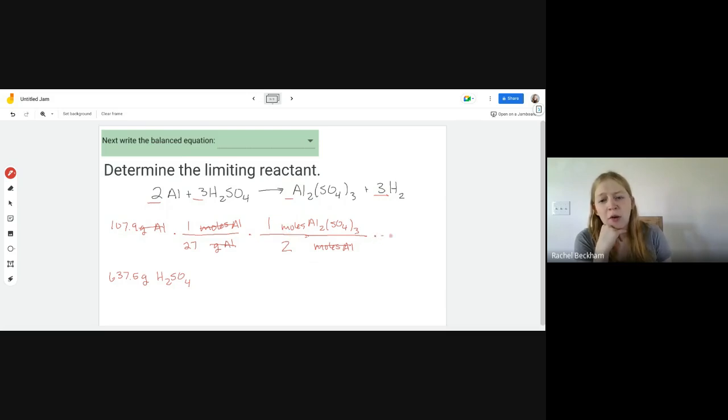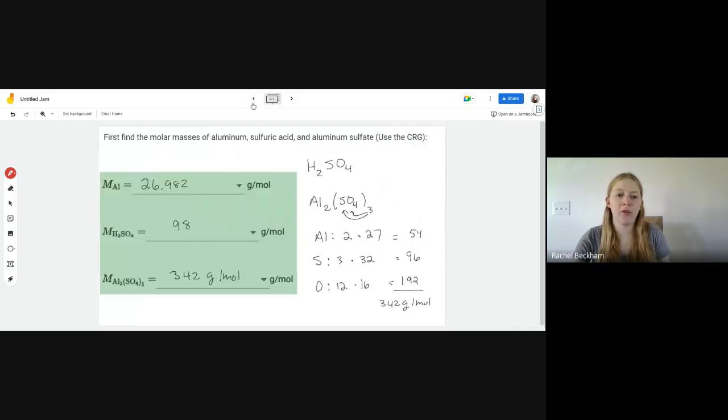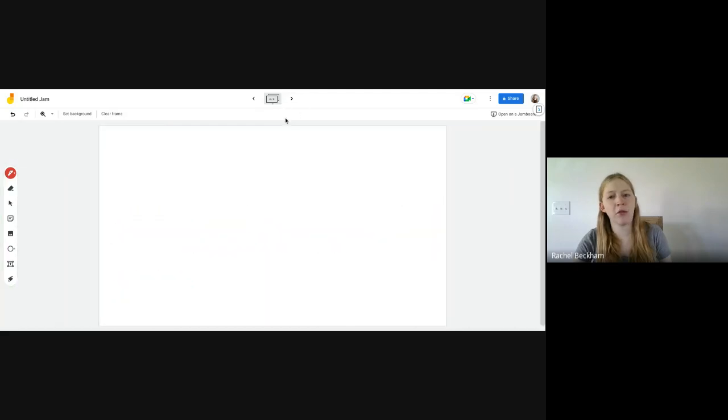And last step, we convert the moles to grams. We want grams. And it's the aluminum sulfate. So we need to put in the molar mass of the aluminum sulfate, which we got right here as 342. See, that's the aluminum sulfate right here. That is the molar mass of the aluminum sulfate.